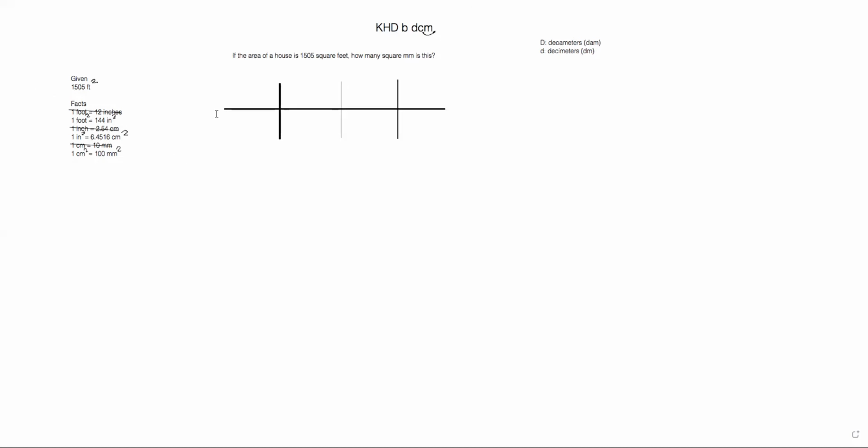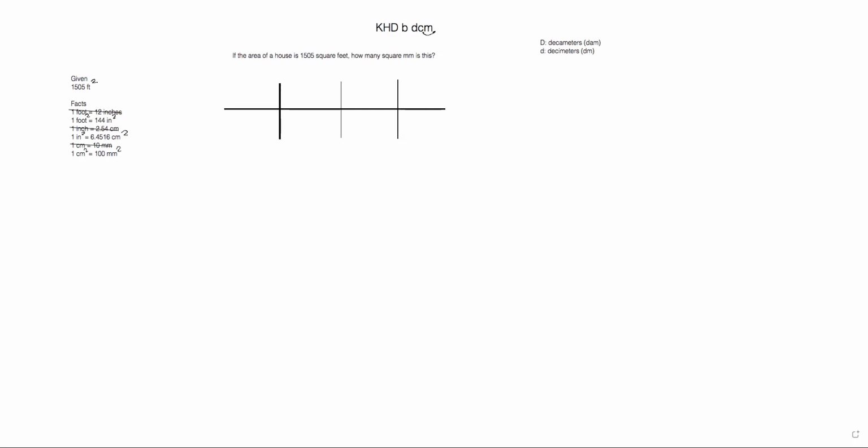So we're given 1,505 square feet. And then we have our fact. So I'm just going to fill everything out right now, and then we'll talk a little bit through it. So we have square inches.